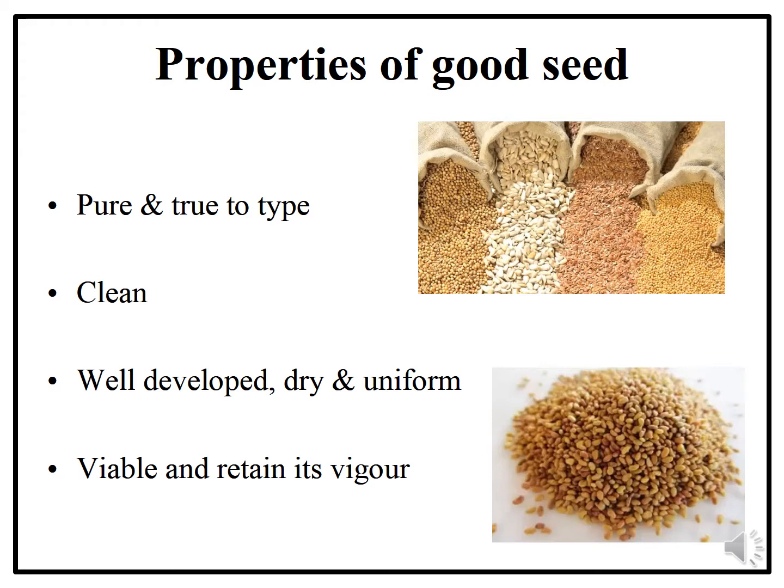Viable means that if you buy seed from the Co-op and you plant it, you know that it will grow. And retaining its vigor means that when you buy the seed from the Co-op, you can store it for a year, for example, and then plant it and it will still grow. So these are the properties of good agricultural seed.